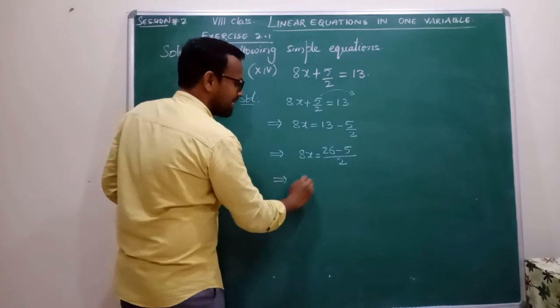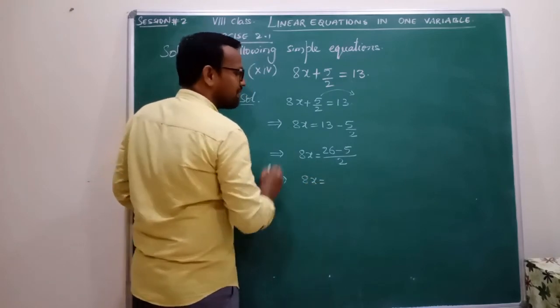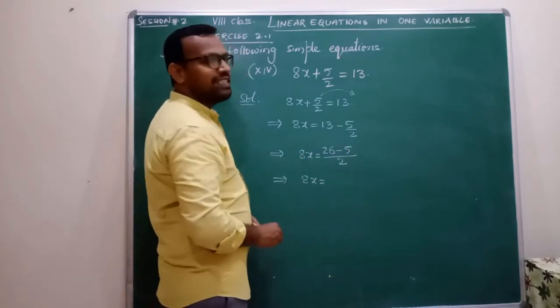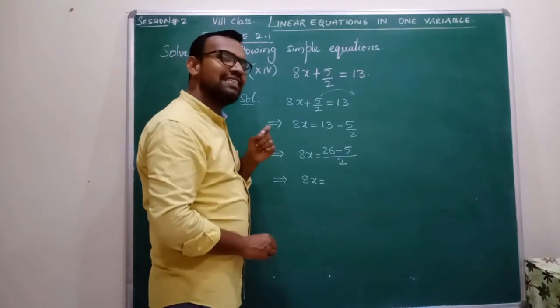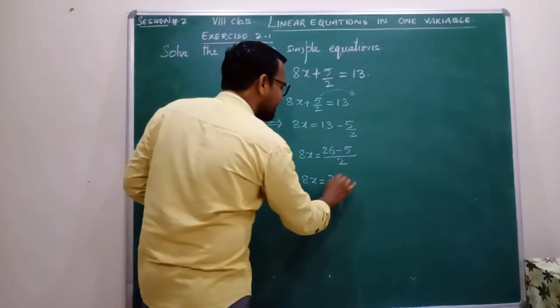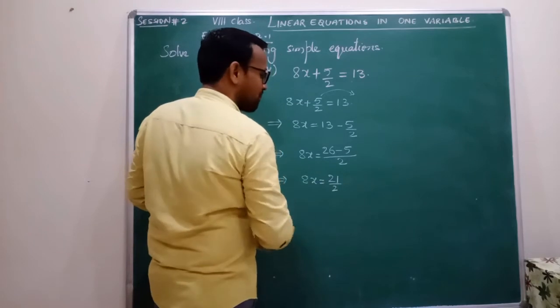That implies 8x = (26 - 5)/2. How much? Yes, it is 21/2.